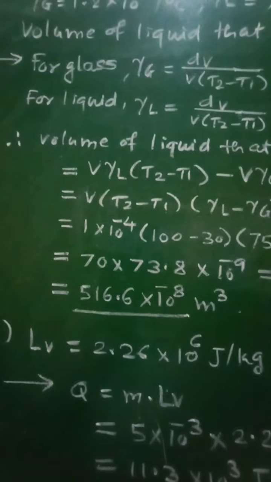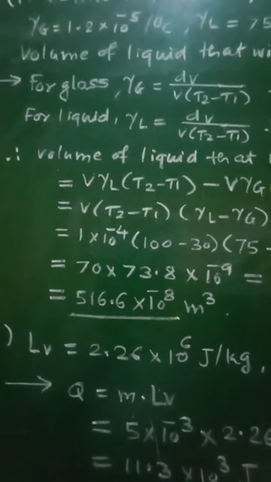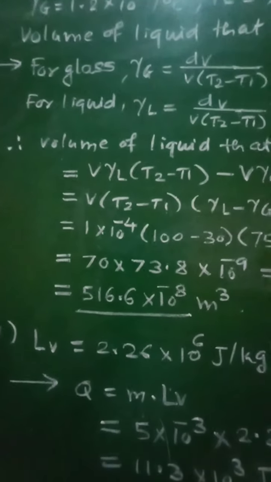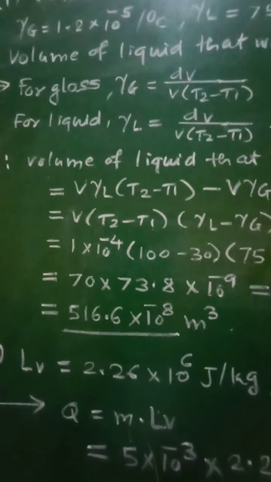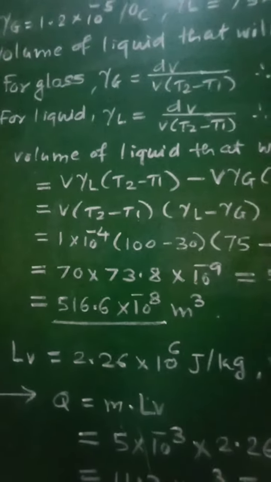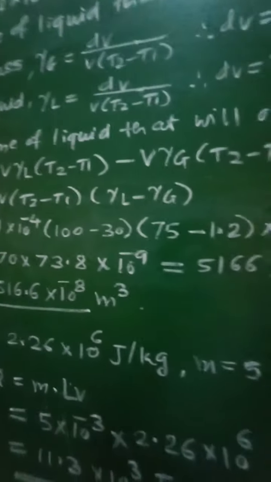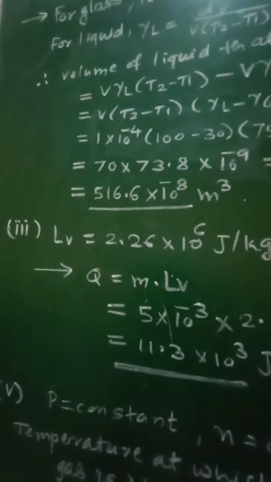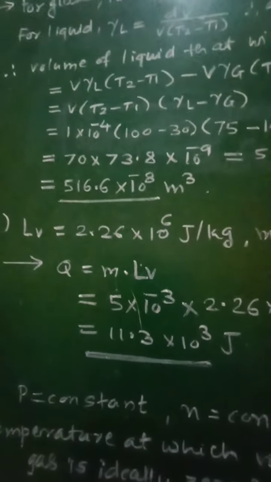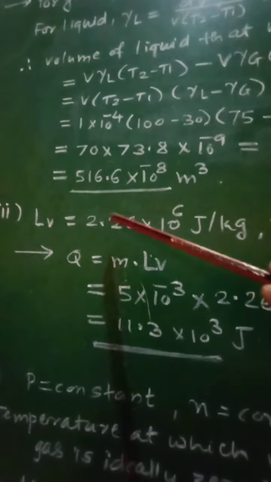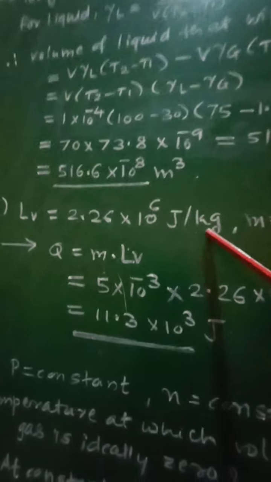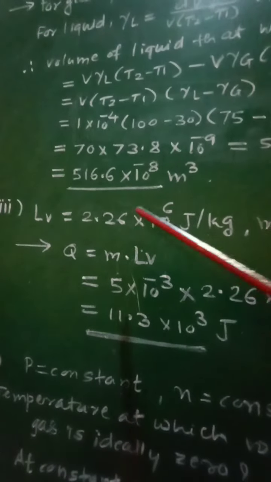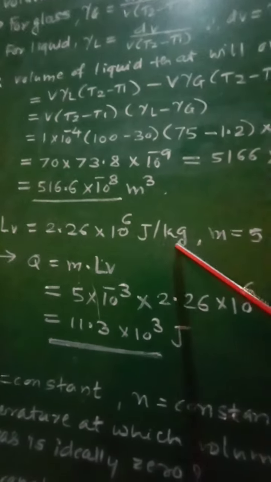Calculate the energy needed to change 5 gram of water into steam at 100 degree Celsius. Therefore the given data for this third numerical is L_v equal to 2.26 into 10 raised to 6 joule per kg.